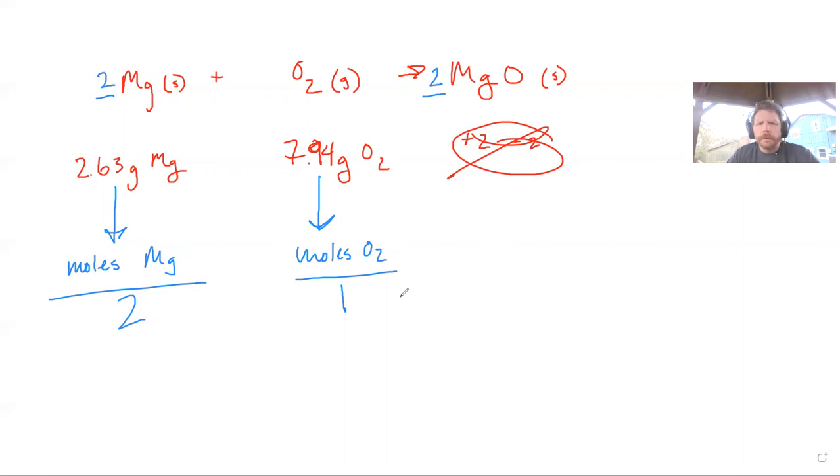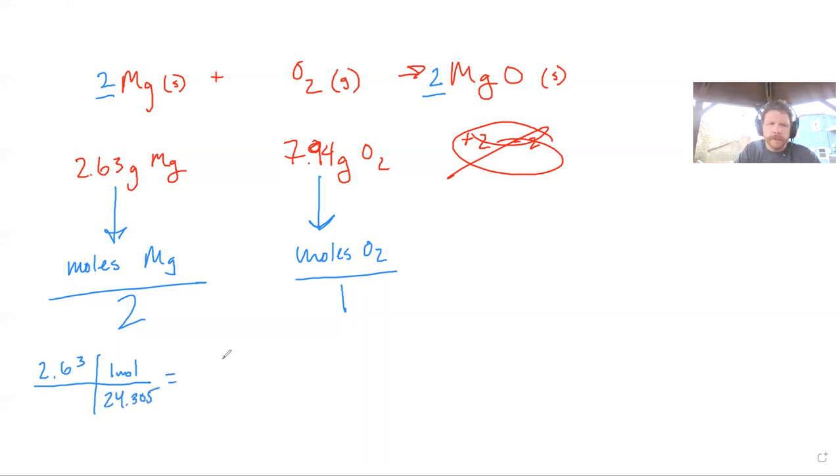So our moles of magnesium, how would we figure that out? Well, we'd have to have the periodic table. The periodic table tells us that our molar mass for magnesium is 24.305. So I'm going to say 2.63, 1 mole, 24.305.